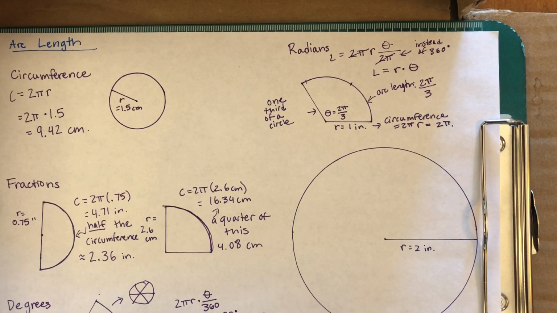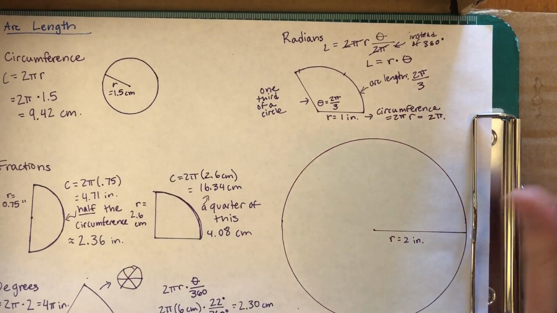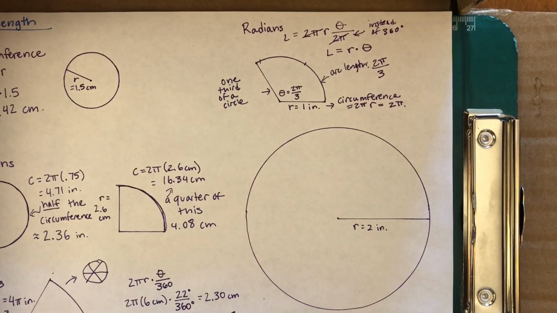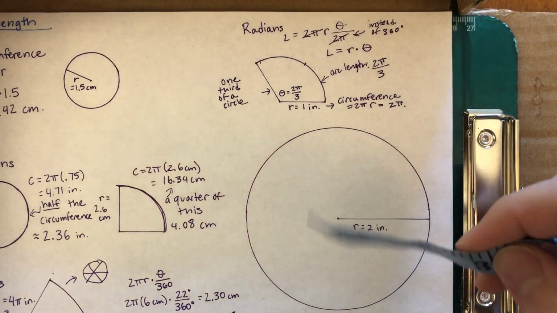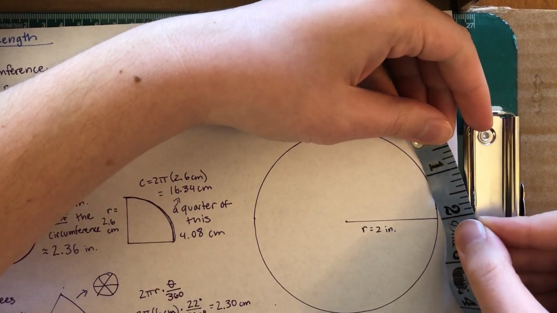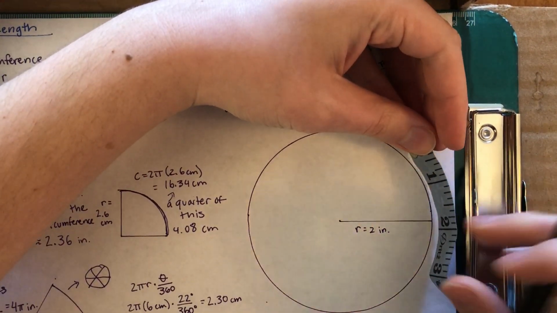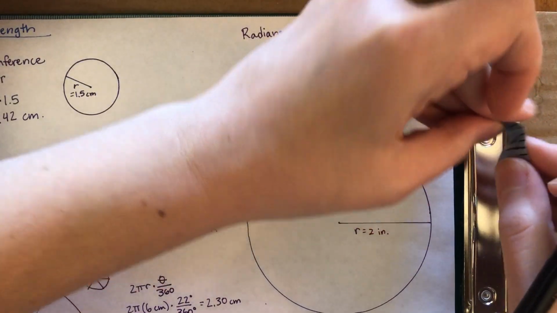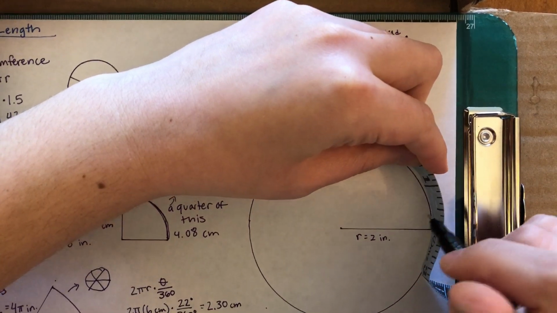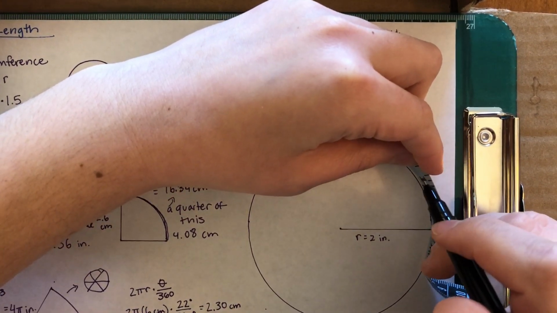Okay. So let's look at this circle and let's actually mark off the radians as we go around. So the radius of the circle is 2 inches, which means that if I measure 2 inches of curve along the circle, that's equal to 1 radian worth of angle.